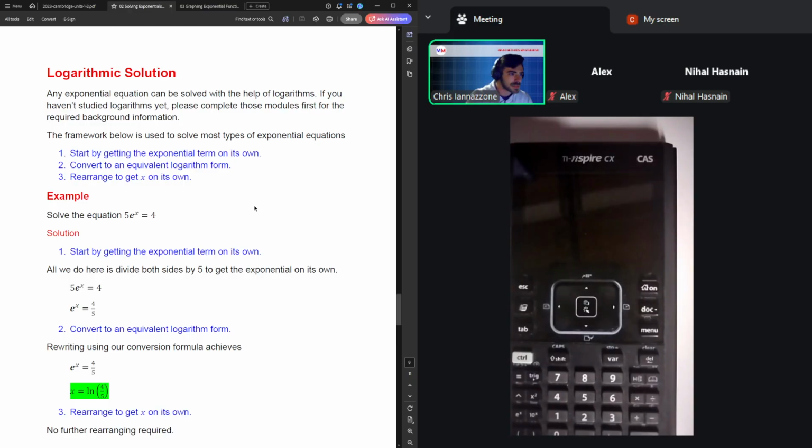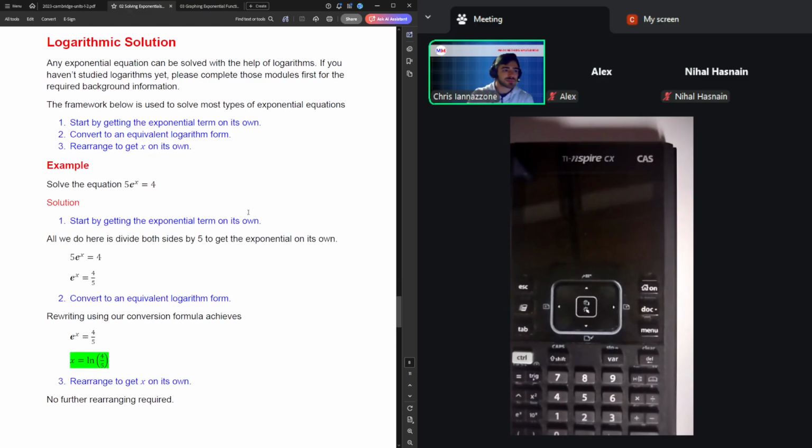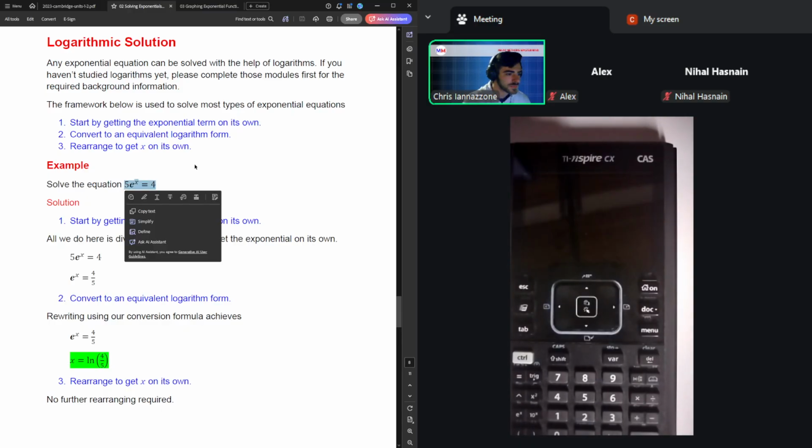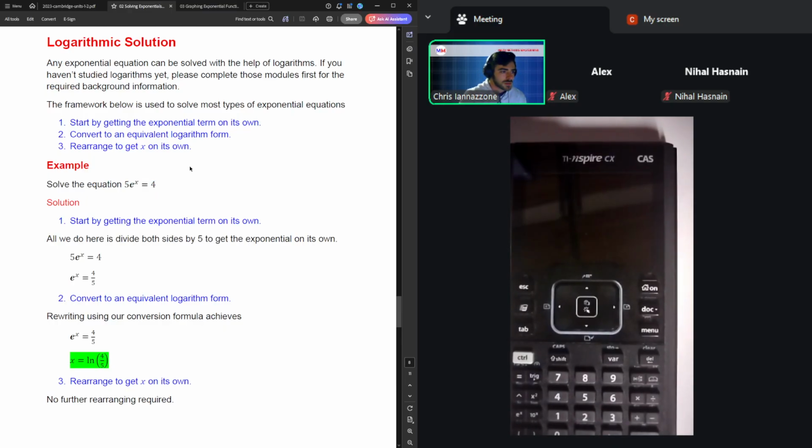Okay, and the last approach you can use for solving exponential equations is the logarithmic solution. This is also used for when you're trying to solve relatively simple exponential equations, like this one here, 5e to the x is equal to 4. The approach here requires you, firstly, to understand what the logarithm is.